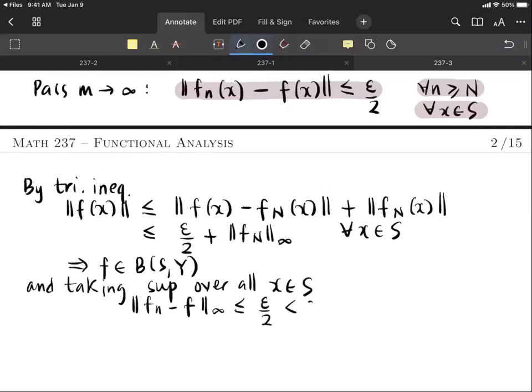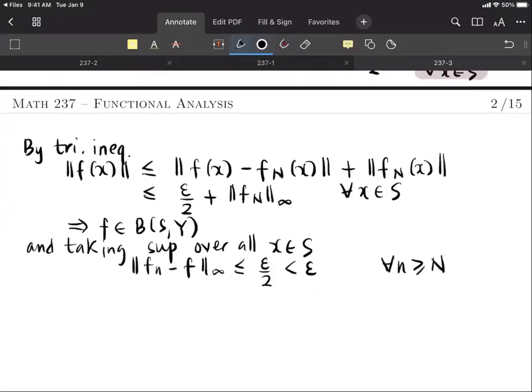And this is certainly less than epsilon. And this is true for any n greater than or equal to N. So in other words, this Cauchy sequence converges to f in the space of bounded functions from S to Y. And that ends the proof of the completeness.